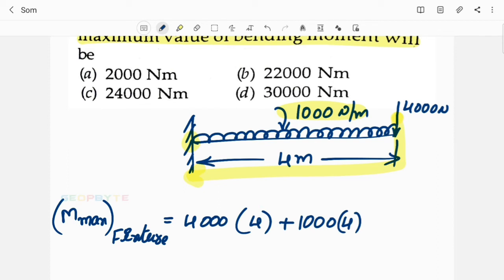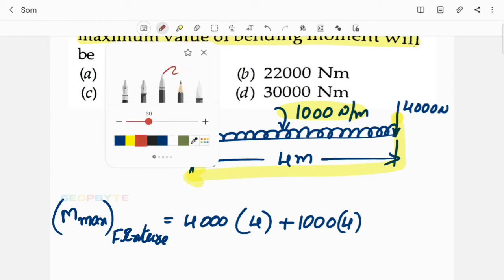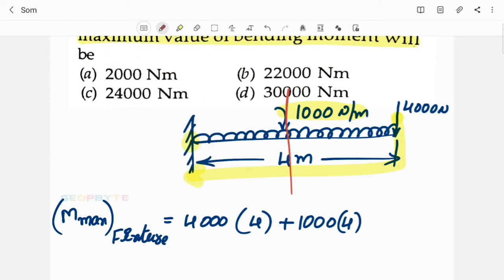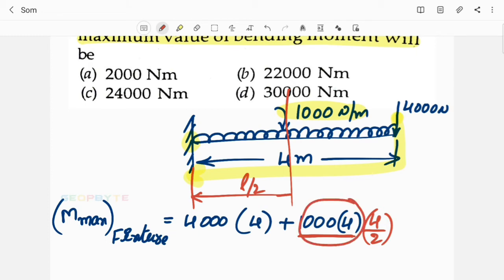Assume that the resultant point load is acting at the middle of the beam. From that resultant point load to the fixture, the distance is L by 2, which means 4 by 2. First I got the point load from UDL by multiplying UDL with UDL distance.